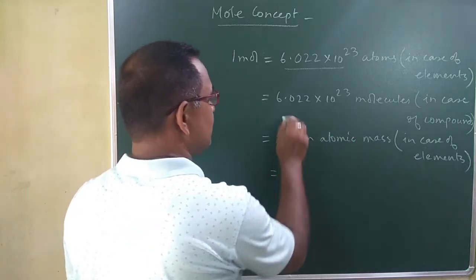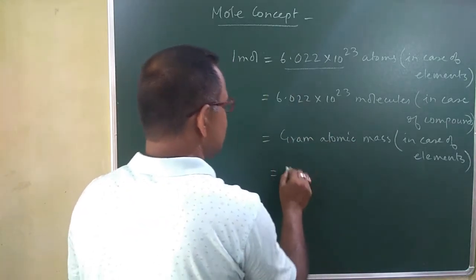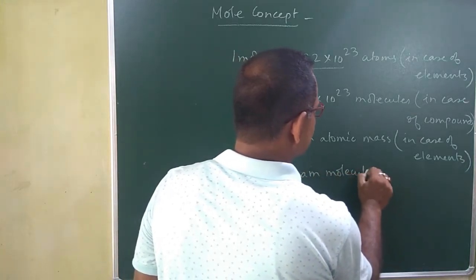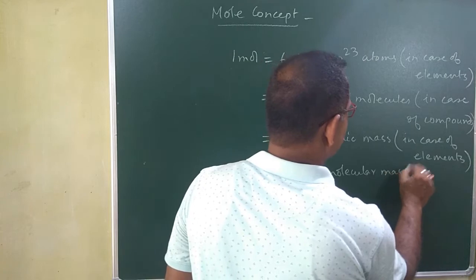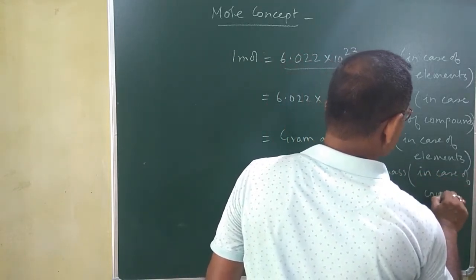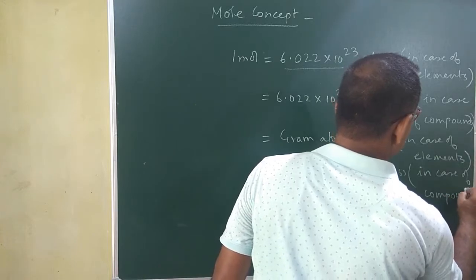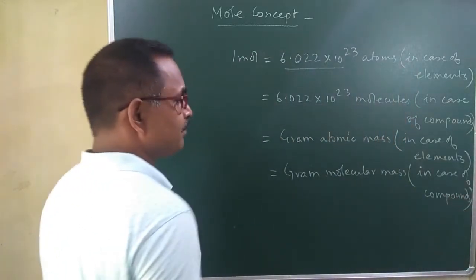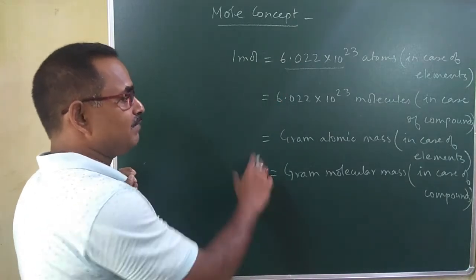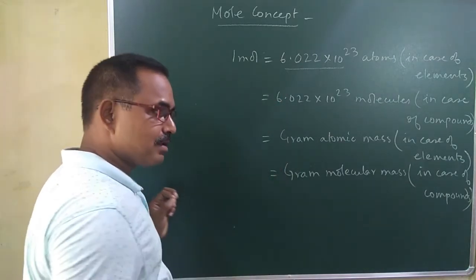And in case of compounds, one mole means gram molecular mass. So we have defined mole in terms of number, and in terms of mass.